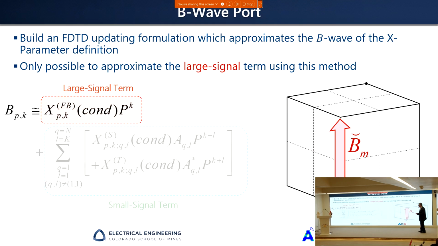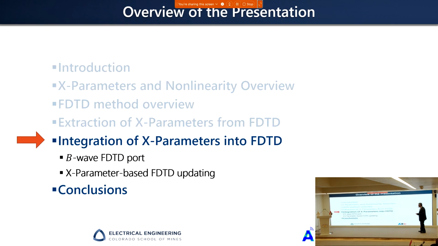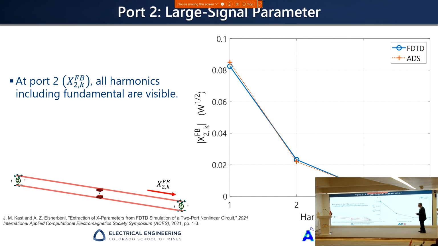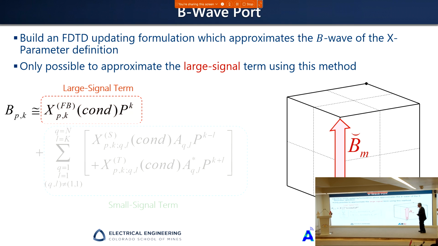Way back, yeah. This would be sufficient. This represents the port, and this represents the fundamental harmonics. So when we extracted the X parameter from the finite difference time domain, we extracted to 5 harmonics only. So the X value that we used in the simulation later on is going to give us results accurate to the fifth harmonic only.